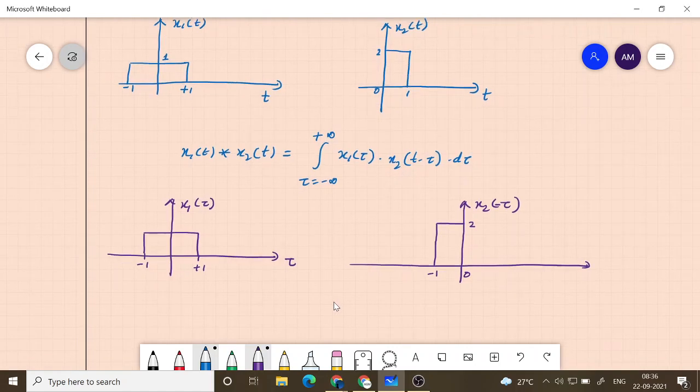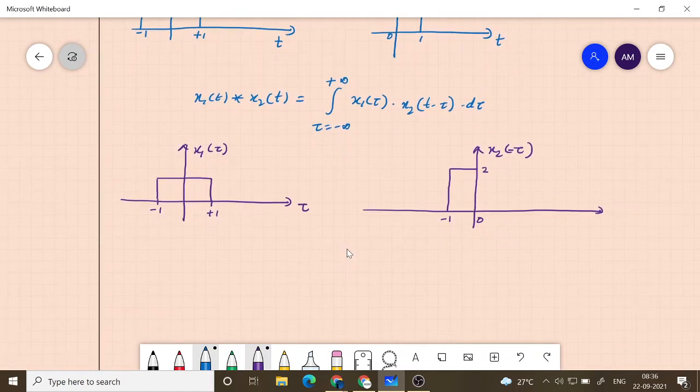And now we can proceed to find x2 of t minus tau. How to go from x2 of minus tau to x2 of t minus tau? We need to do a transformation. x2 of t minus tau, you can write it as x2 of minus (tau minus t).